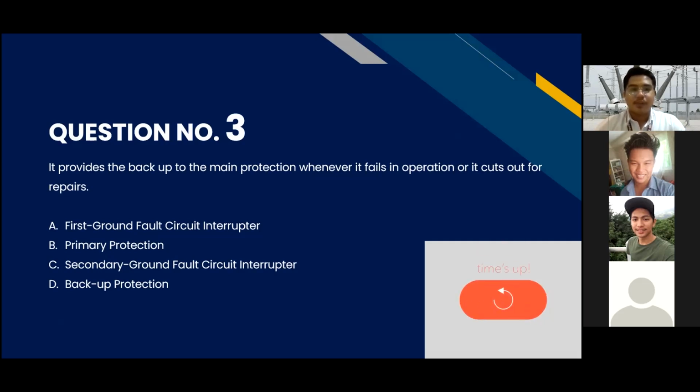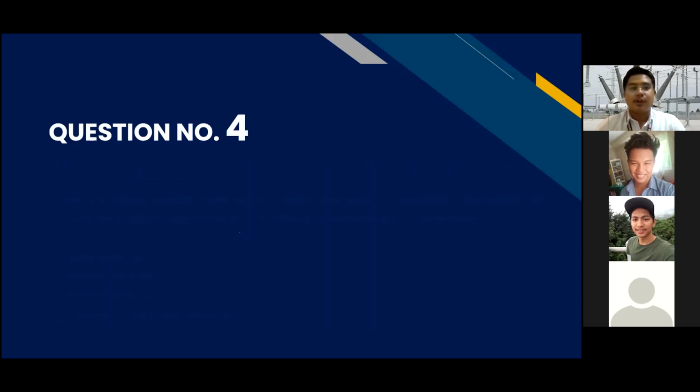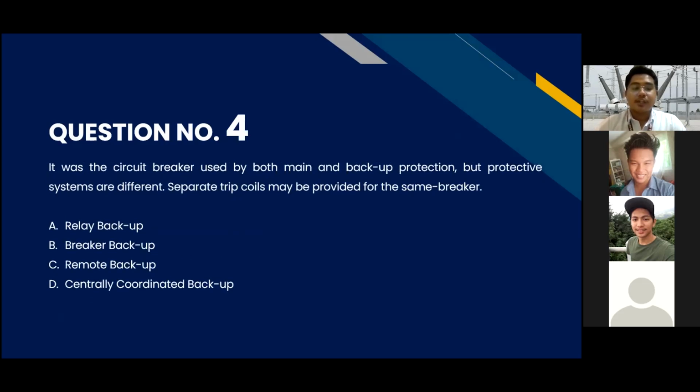Time's up. For question number 4, it is the circuit breaker used by both main and backup protection, but protective systems are different. Separate trip coils may be provided for the same breaker. Let me repeat. It is the circuit breaker used by both main and backup protection, but protective systems are different.